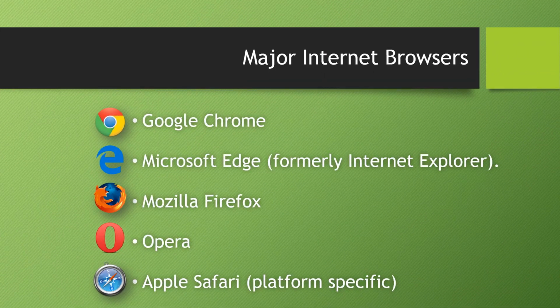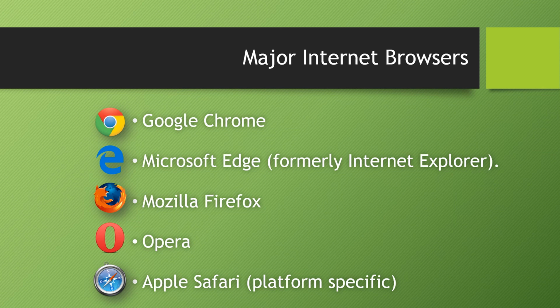So the major internet browsers that we'll be mentioning, we have 5 of them. Google Chrome, of course, is probably one of the more popular ones, and the one that we are using for our labs in this class. There's also Microsoft Edge. I would like to note too that Microsoft Edge is replacing Microsoft Internet Explorer. Internet Explorer has been around for a very, very long time, and they finally wrote something from scratch.